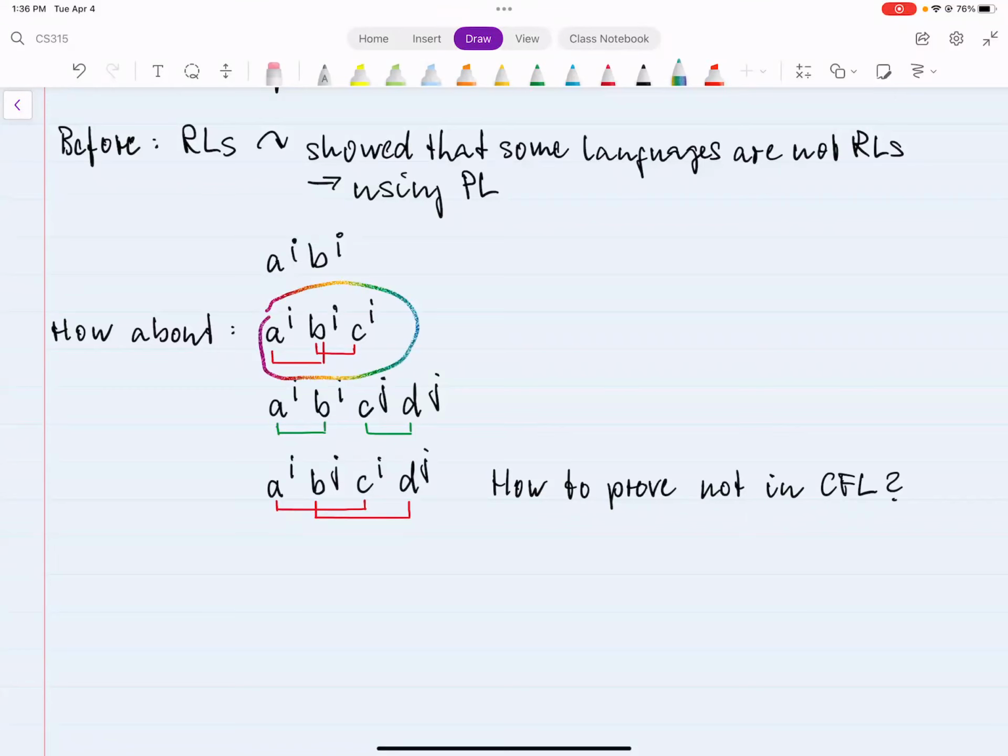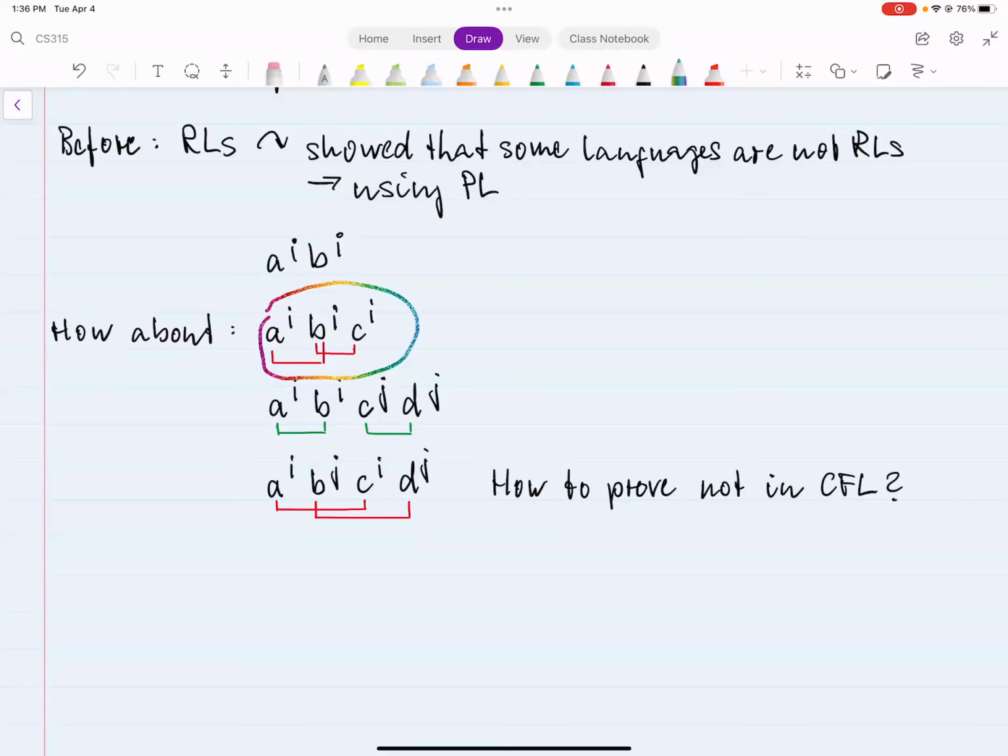So here, for instance, in this language, we just add c to the i. But knowing how a PDA works, we push a whole bunch of marker symbols for the a's onto the stack, and when we read off the b's, we eat away those symbols again to see whether we have a match or not.